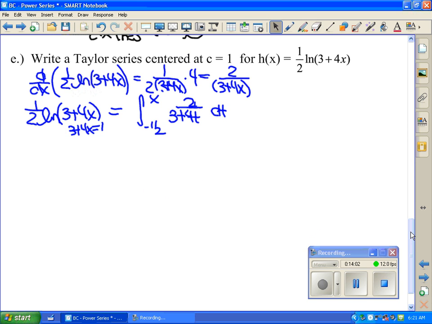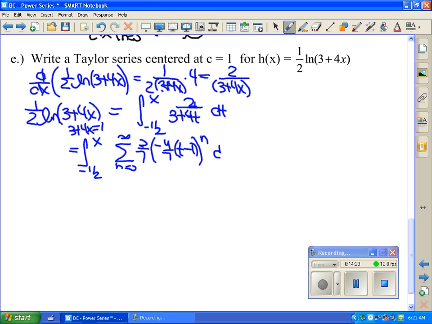Okay, I've already beaten this series to death, but I'm going to do it just one more time here. So, the integral from negative 1/2 to x. This time I want to use the Taylor series that I found in part C to put this together. The Taylor series I had in part C, I believe, was the series n equals 0 to infinity, 2/7, negative 4/7, in this case t minus 1, all raised to the n.